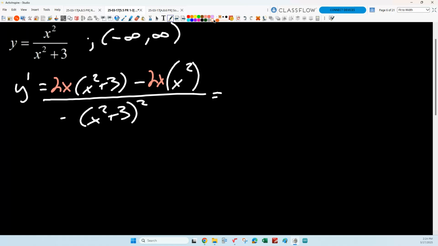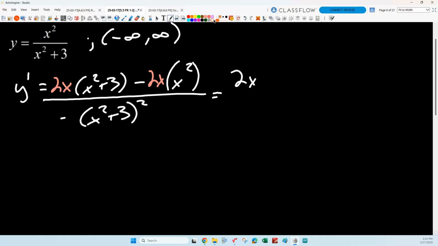We could just distribute and combine like terms and factor, but what could we factor out of each term? Not an x squared, right? Because I can't factor an x squared out of the first one, but I could take a 2x out of both.